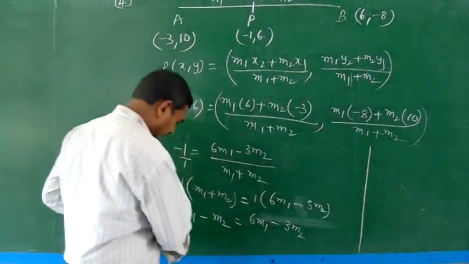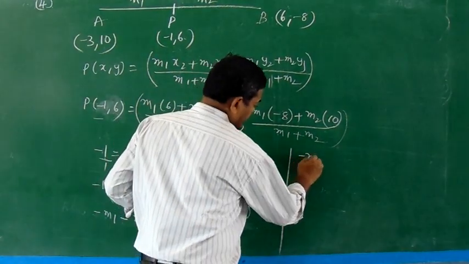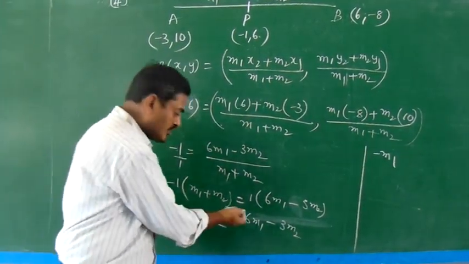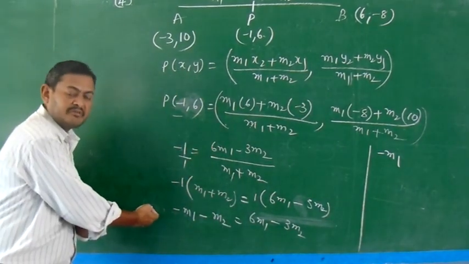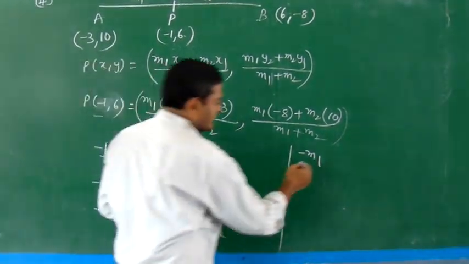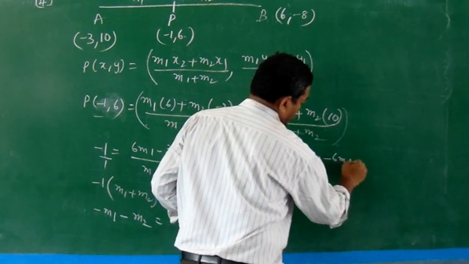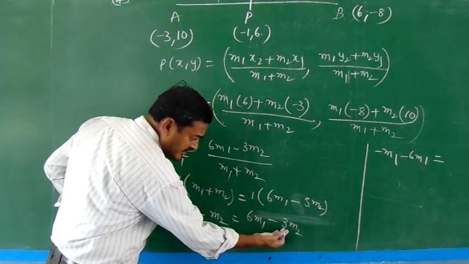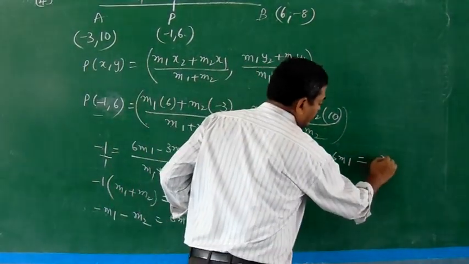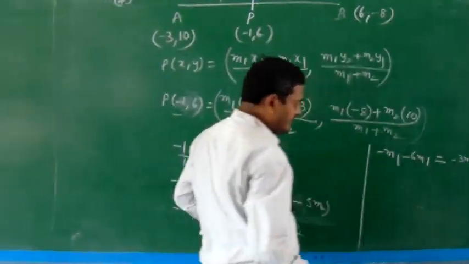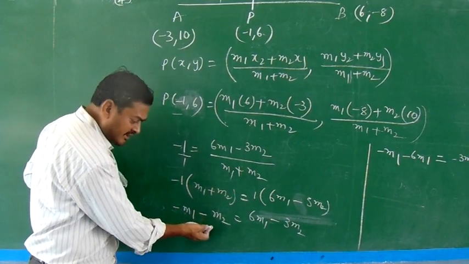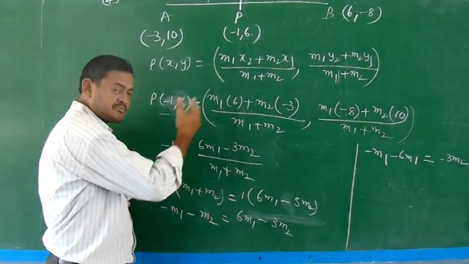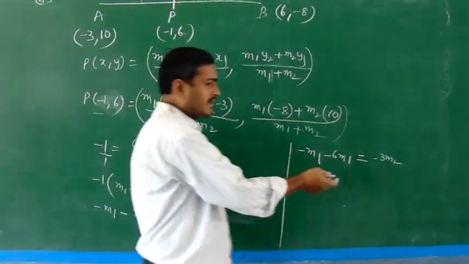Here minus m1 is there, and plus 6m1 is on this side. So plus 6m1 transposed to this side becomes minus 6m1, equal to what remains on the m2 side: minus 3m2. Then this side has plus m2; transposing it to the other side gives plus m2.